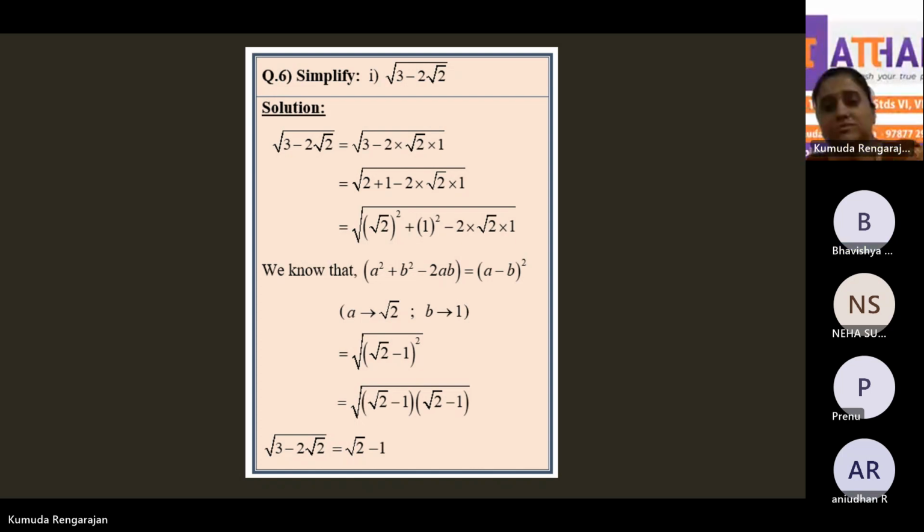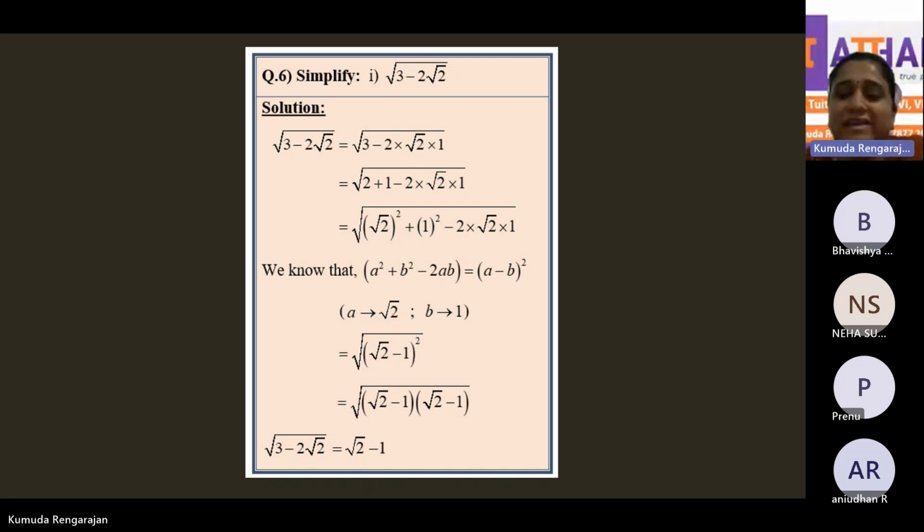Ma'am, yeah, Bhavishya. By simplifying, I'm getting 0.378, ma'am. Yeah, you're right.